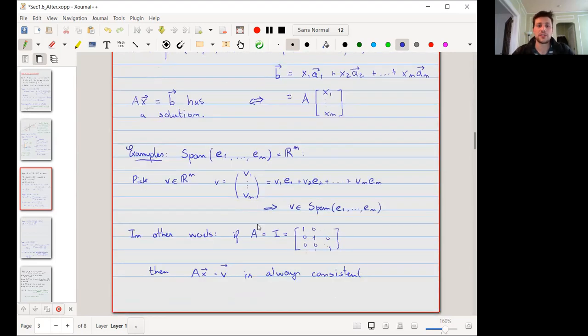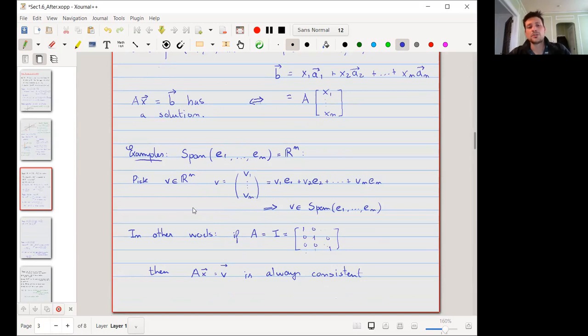Let's move on to some more examples. Remember that we defined standard vectors, e1 through en, as the vectors whose entries are all zeros except there's a 1 exactly at the position denoted by the index of the vector. The span of the standard vectors is always the whole space.